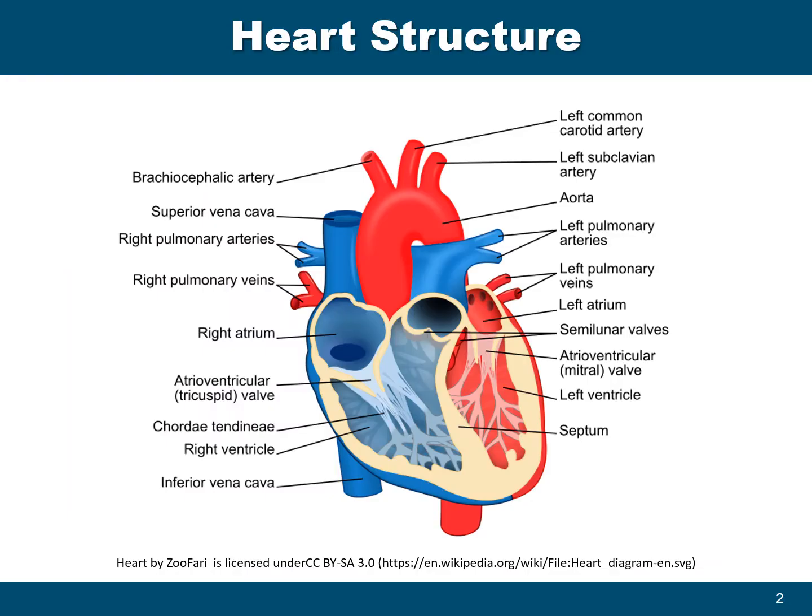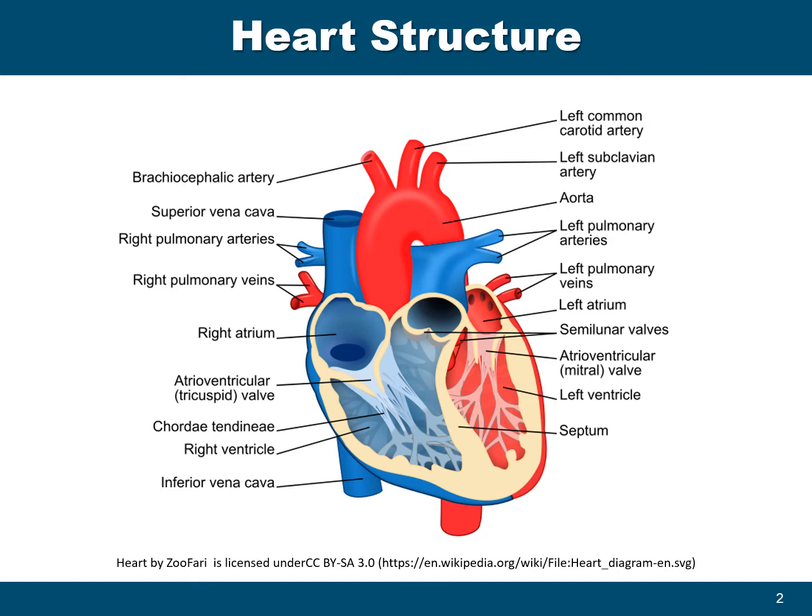So this is just the anatomy of the heart, the structure. The reason why we have this in our slide right now is that to understand the differences between the signs and symptoms of right-sided versus left-sided heart failure, it's highly important that you know the blood flow and the structures of the heart.